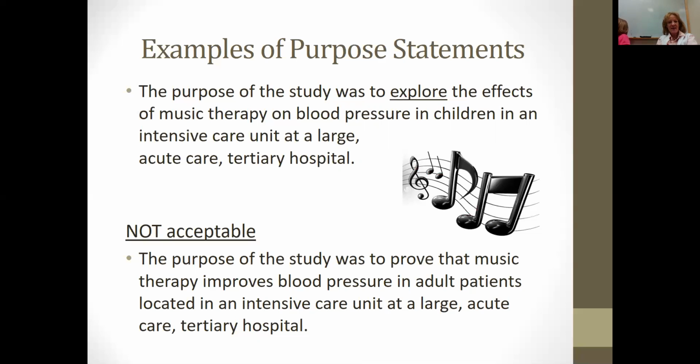The top one, I think that word explore to me means that I'm not doing a randomized controlled trial. To me, explore means more looking at relationships or logistic regression or something like that, like what are predictors. So if I'm doing a randomized controlled trial, I might say the purpose is to determine the effects.